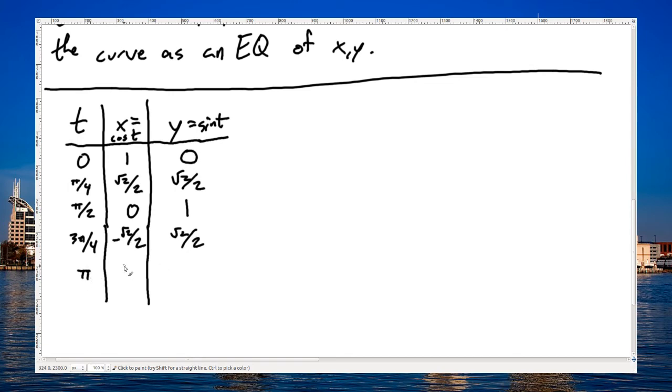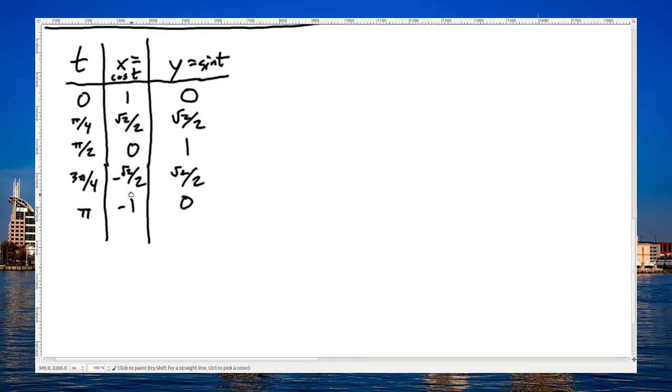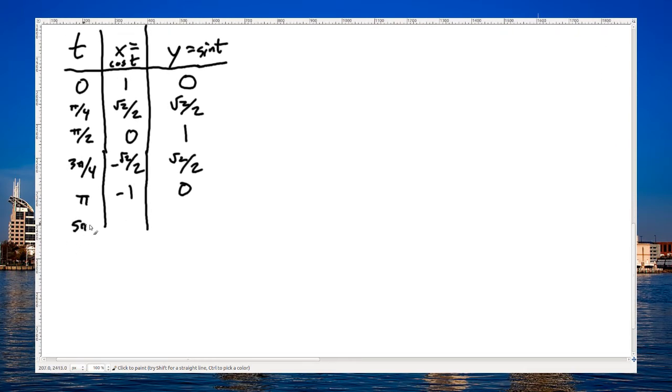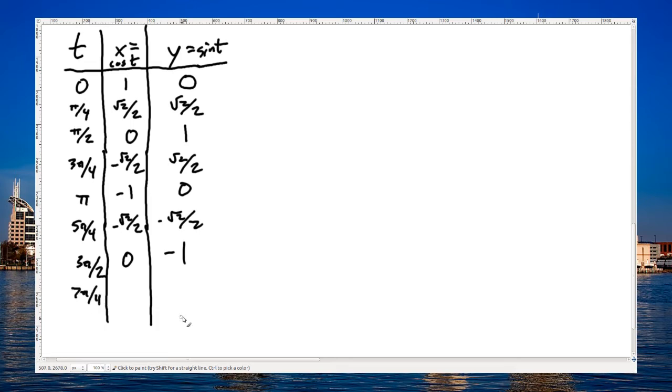At 4 pi over 4, which is pi, we'll get negative 1 and 0. 5 pi over 4: again, both of them are negative root 2 over 2. 3 pi over 2, we'll get 0 and negative 1. 7 pi over 4, we will have positive root 2 over 2 and negative root 2 over 2. And then finally 2 pi, or back to where we started, 1 and 0.